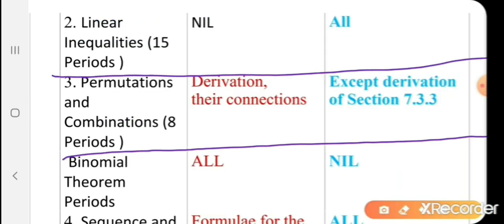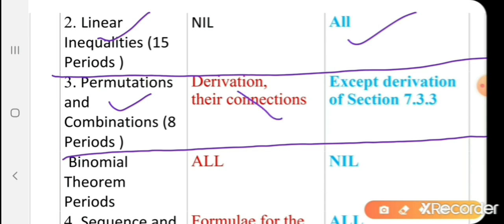Second chapter, linear inequalities. You have to finish within 15 periods. Nothing is excluded, so you have to read all. The third chapter, permutations and combinations, 8 periods. Here we exclude the derivations of the permutation formula and combination formula.